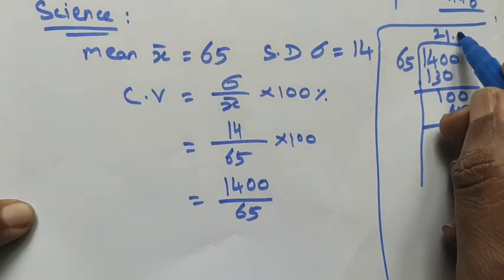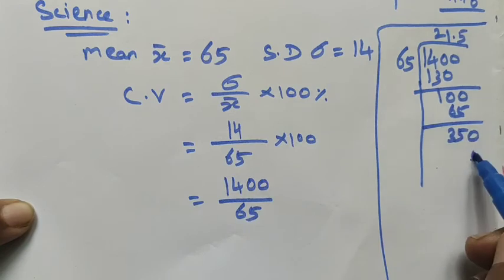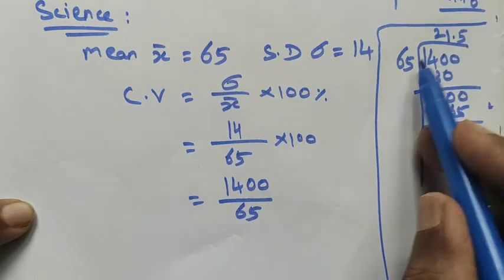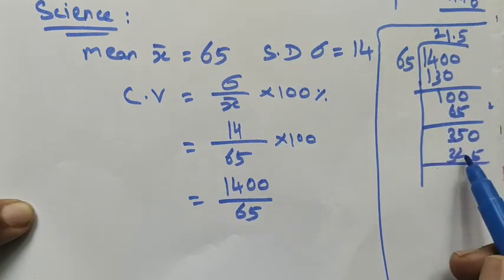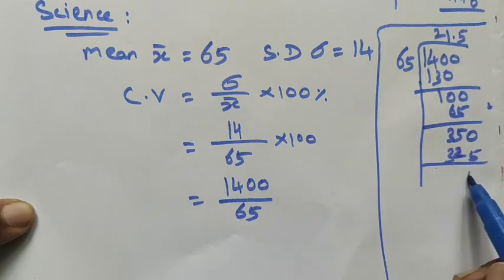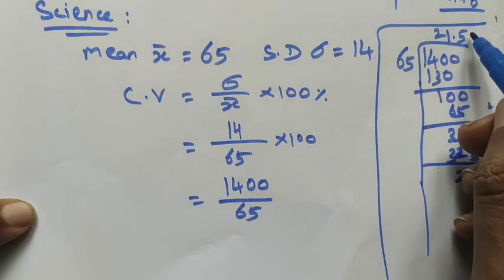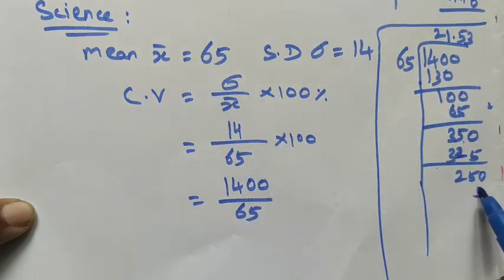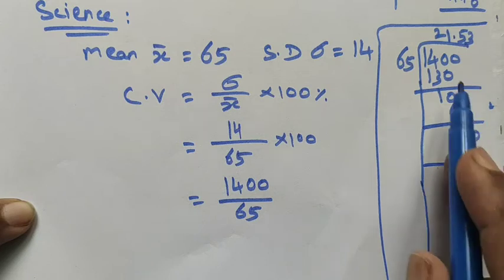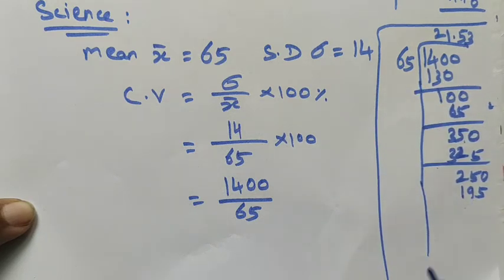5 times. 5 5s are 25, remainder 2, 5 6s are 30, 32. Again when you subtract this we get 52. Already we have a point, so we can add 0. Now here we have 3 times only possible. 3 5s are 15, 5 remainder 1, 3 6s are 18, 19.